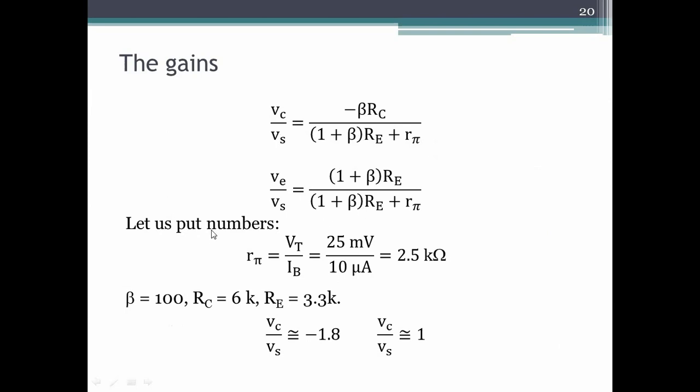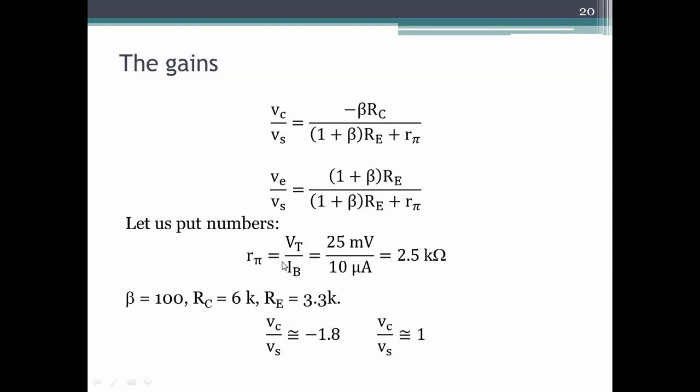Now let us put in numbers, because we already solved the DC circuit. One must remember that to find the numbers for the AC, we'll need the numbers from the DC, because R pi is by definition Vt by Ib, and this is a DC current that is flowing.